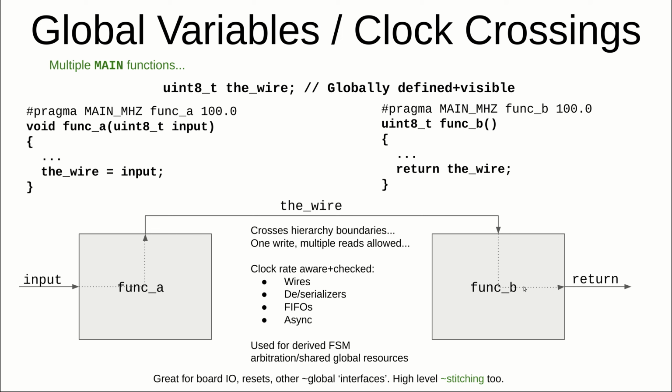Now I've been calling this a wire here, and it's named the wire, the variable, and that's because these two functions are both at the same clock rate here. So wires between different clock rates are clock crossings, and we'll talk about that. But wires between the same clock domain are just wires.